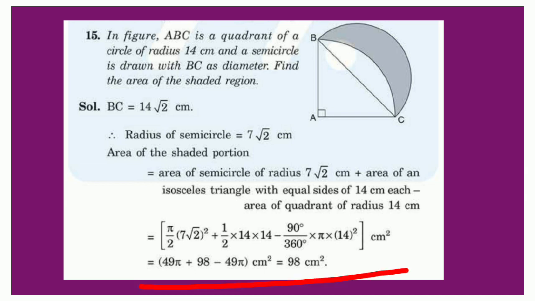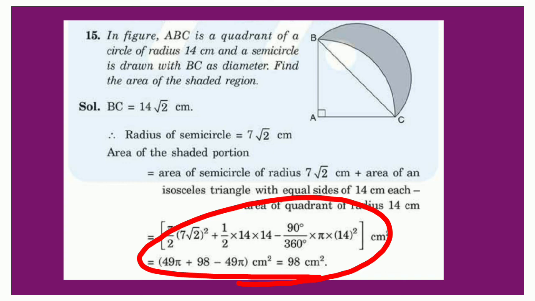Then it is equal to pi into 7 root 2 square, which means 49 into 2. 49 into 2, the 2 cancels, so 49 pi. Then next, 14 and 2 cancel, giving 7. 7 into 14 is equal to 98. Then 90 by 360 means 1 by 4. After the cancellation you will get 49 pi. So the last answer is 98 centimeter square, which is the area of the shaded region.